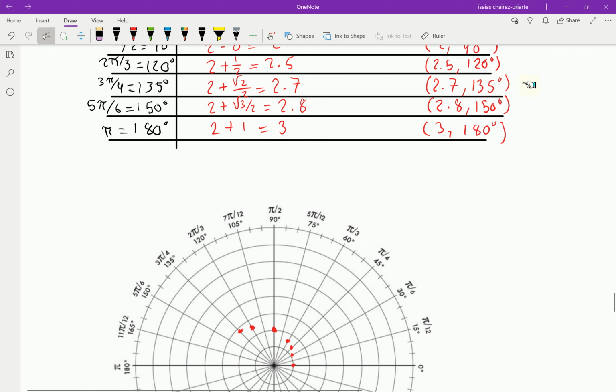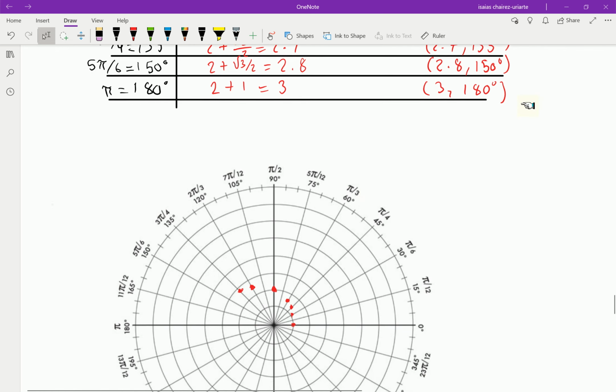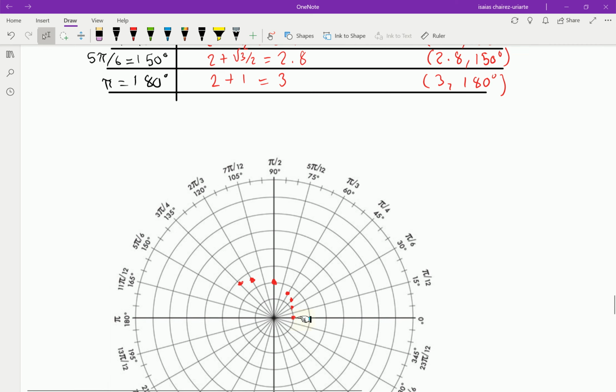So I've plotted this point. Now 2.8, 150 degrees. So that's getting close to kind of 3. So we'll make the best we can here. Somewhere right there. And the last one, 3, 180 degrees. So I go 3, 1, 2, 3, and then 180. All right.